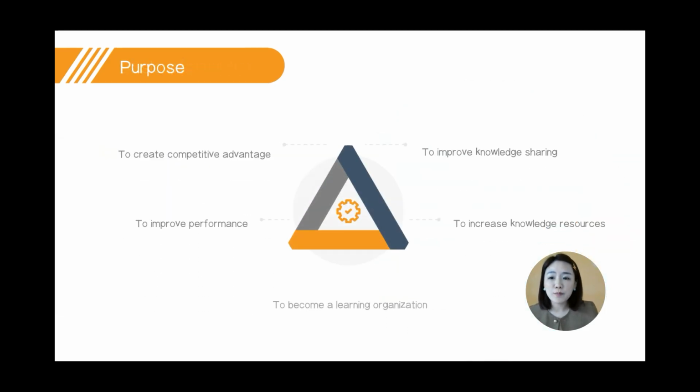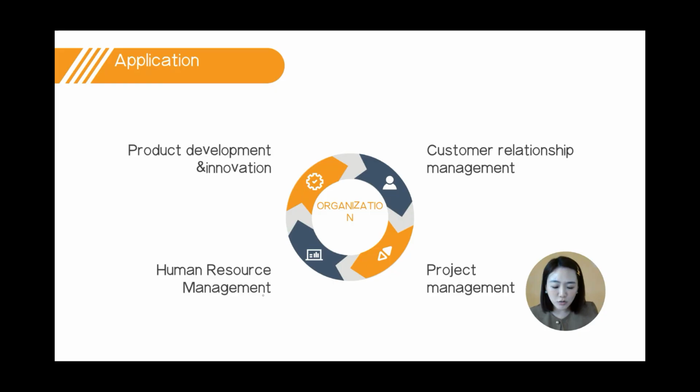And let's come to the purpose of knowledge management. We can create a competitive advantage, improve knowledge sharing, improve performance, increase knowledge resources, and become a learning organization. So we can see that knowledge management can be applied across various areas within an enterprise. For example, in product development and innovation, it can accelerate the development cycle and spark creative ideas.